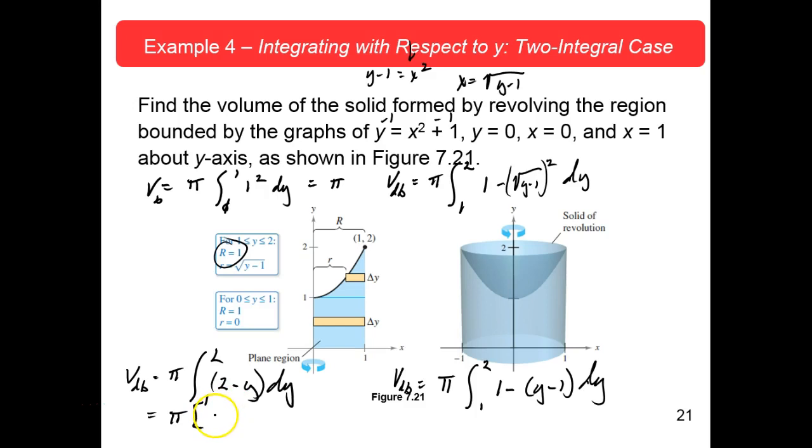Okay, so this will be pi times the antiderivative of 2 minus y. Help me. 2y, right? Minus what? y squared over 2, evaluated between 1 and 2. So this will be pi times what?